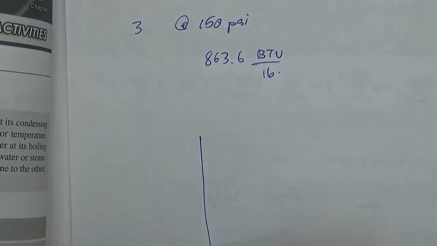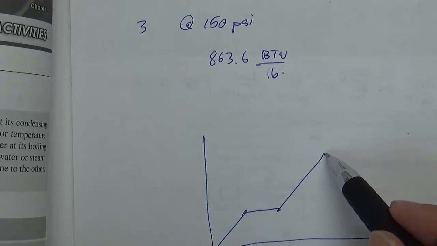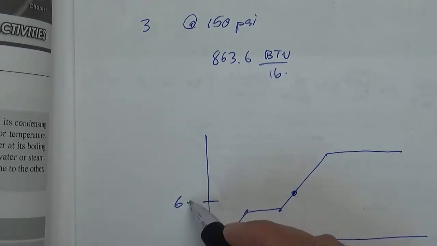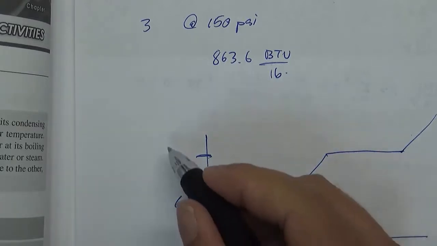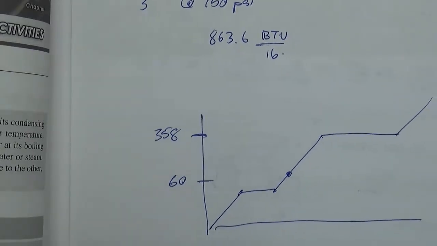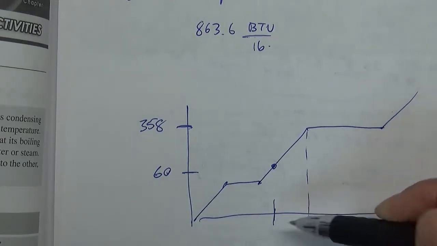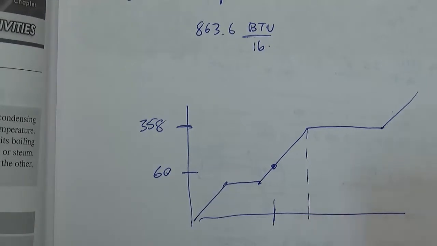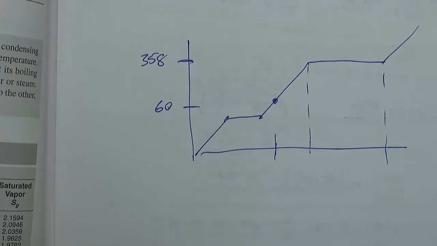So I'll just draw this chart again. We're starting down here somewhere at 60 degrees and we're going up here to 358 and some change. So really this has a couple of parts, and you have to add them together. You have to find how much heat energy I need to get from 60 to 358. And then you have to add to it the amount of heat energy that you need to boil it.